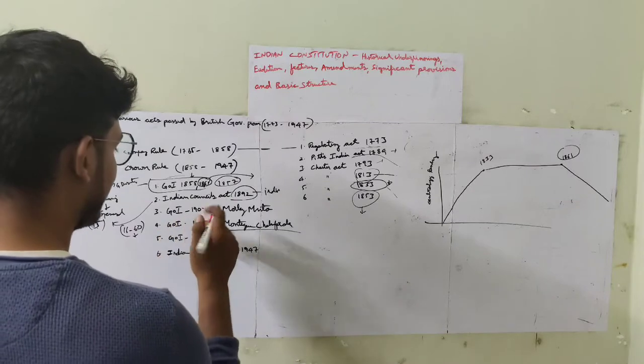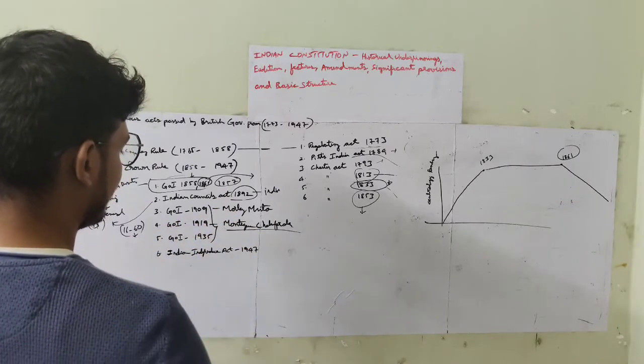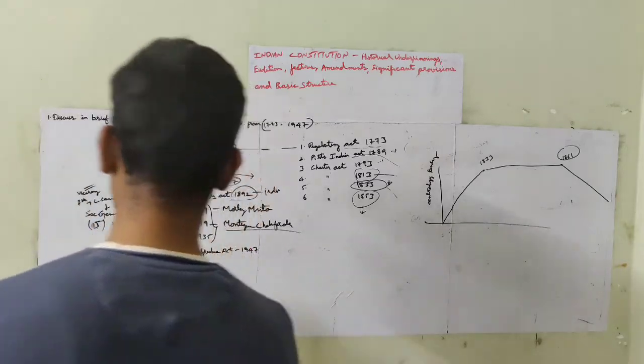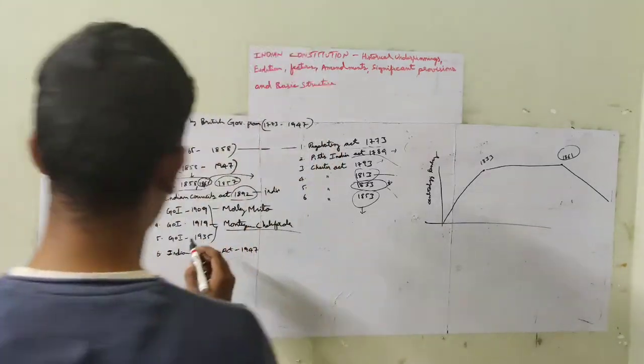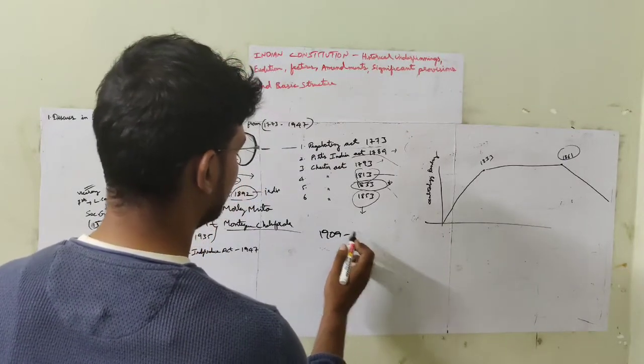Okay, Government of India Act 1909, 1919, and 1935. These are all very important. Okay, let us discuss their features. So the Government of India Act 1909. This act is also called the Morley-Minto reforms.